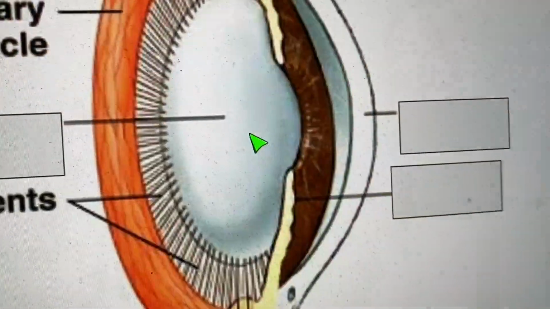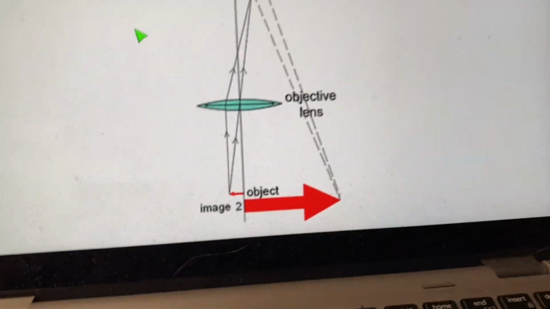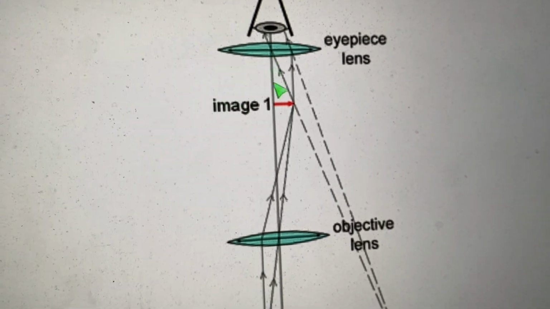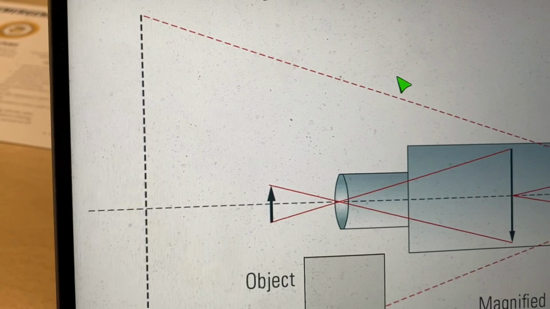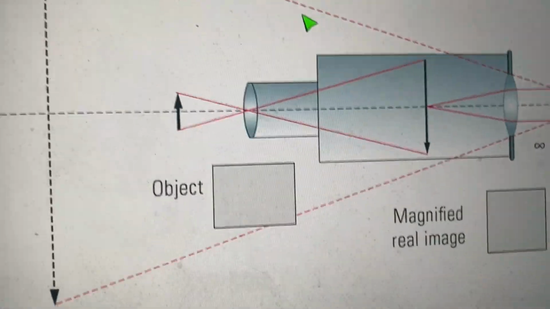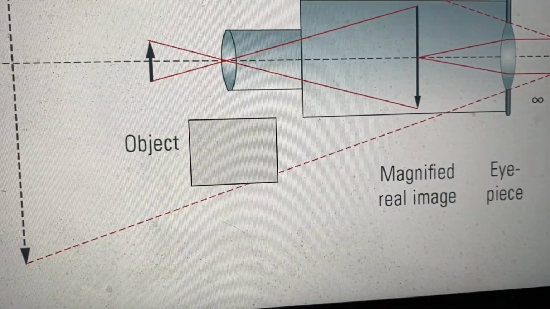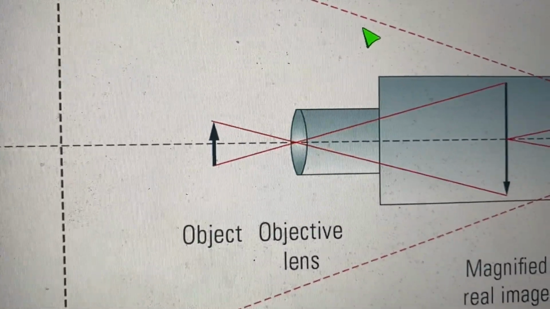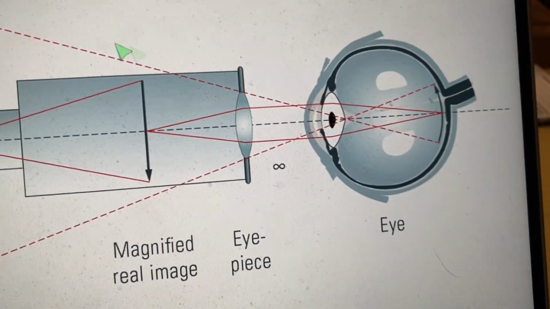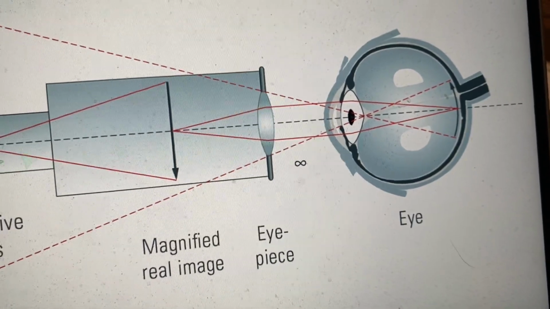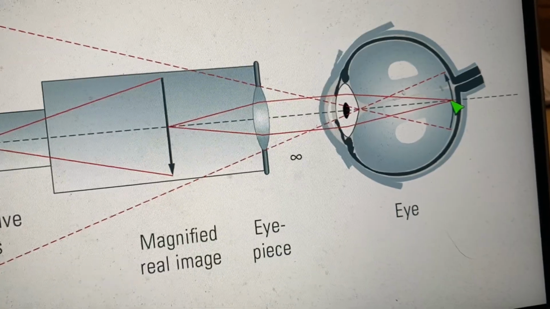So when you use a microscope, you want the light to come through the microscope and hit you in the eyeball. The light goes from the object, through the objective lens, then through the eyepiece lens, then hits you in the eye, and you adjust the stage in order to change where the light hits you in the eye so that you can actually see it.